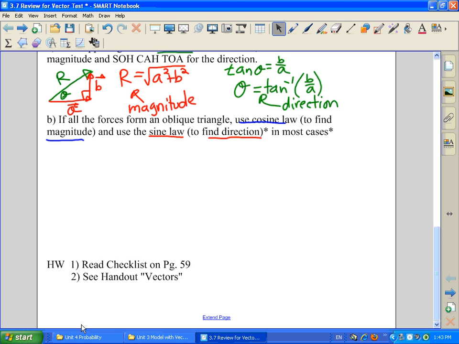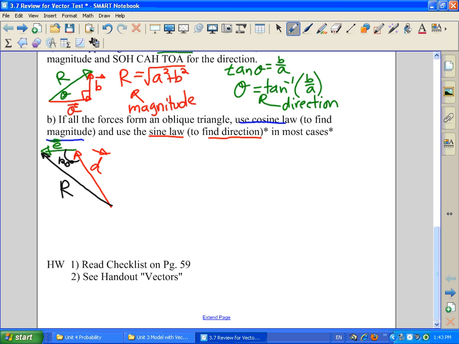Taking a look, folks, say I have an oblique triangle that's formed by two vectors. So here, let's do vector D, and maybe vector E here. Then to find the resultant, it's going to be from the tail to the tip for your resultant. In this case, to find the resultant, you're going to have to find this interior angle using some geometry, or maybe it's given.